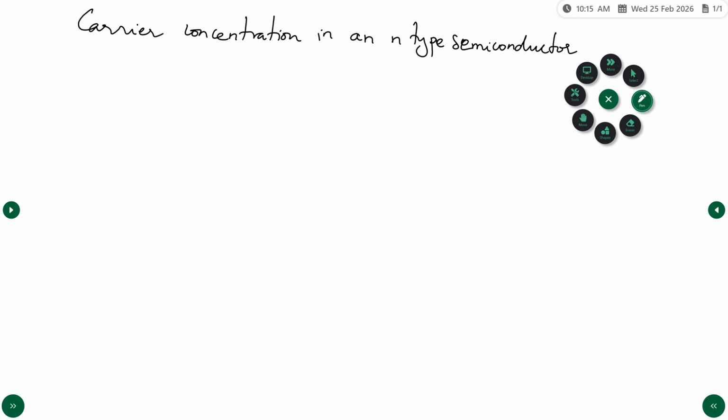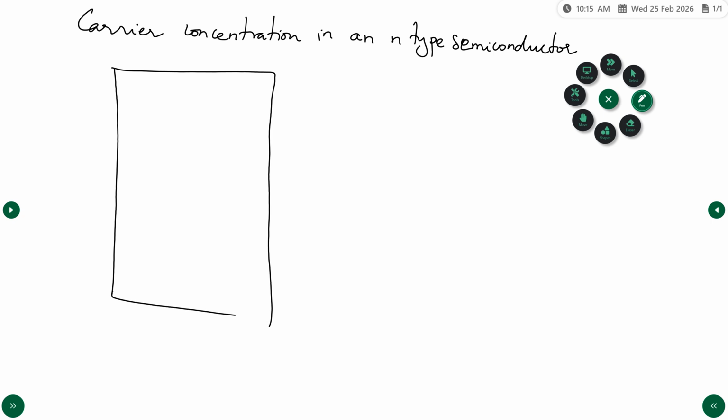Hope you have drawn the diagram. So in an N-type semiconductor, the general valence band energy is there, and above you have the conduction band energy. This is similar to the intrinsic semiconductor.